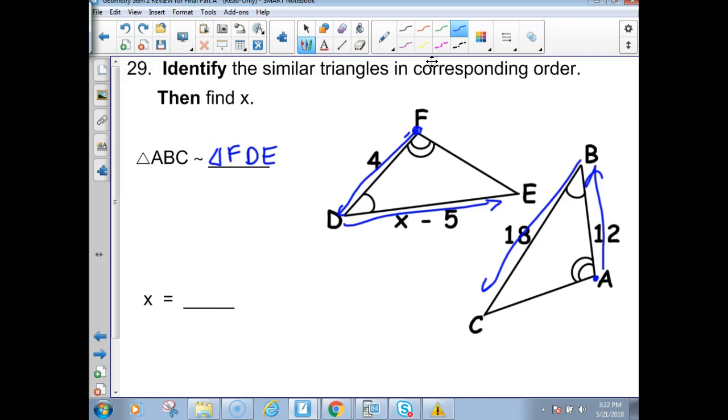All right, we need to find X. All right, so we got some corresponding sides. X is on the side DF, and that corresponds to, well, I don't know if you want to, got to check because it's between the single and the double mark thing. Be the side with 12 on it. All right, and then the x minus 5 over 18.